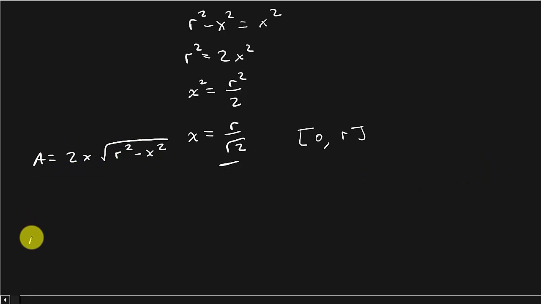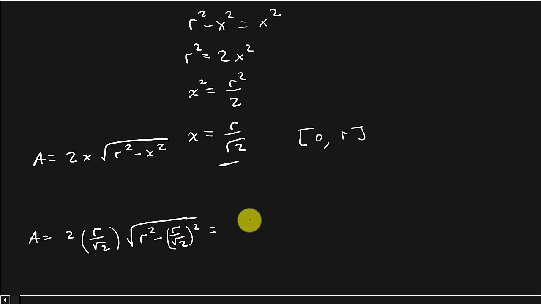All right. So the maximum area is equal to, well, I'm going to take this and plug it in for x. So that's 2 times r over the square root of 2 times the square root of r squared minus r over the square root of 2.